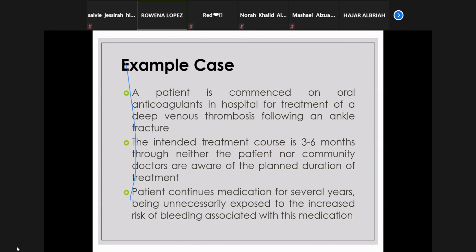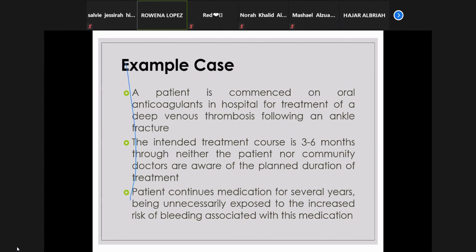So another case example, which you have to take note of: a patient is commenced on oral anticoagulants. In every hospital, a patient can be given anticoagulants for treatment of a deep venous thrombosis following an ankle fracture. The intended treatment course is 3 to 6 months.